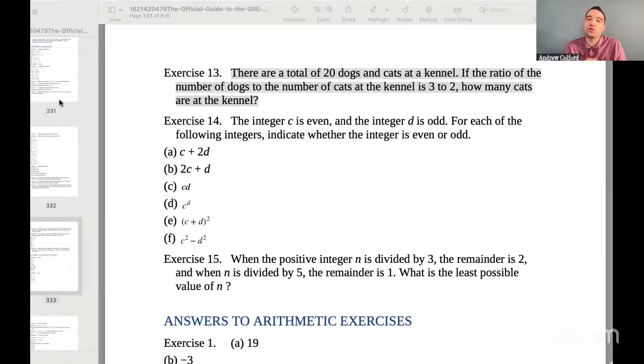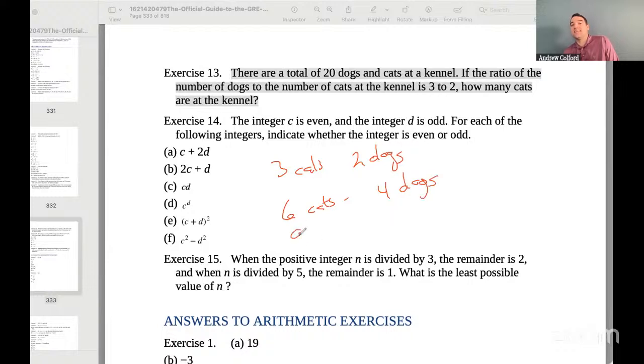And Laura, could you give me an example of a number of cats and a number of dogs that we could have if the ratio is 3 to 2? It could be 3 cats and 2 dogs. It could be 6 cats and 4 dogs. It could be 9 cats and 6 dogs, and on and on and on, right?